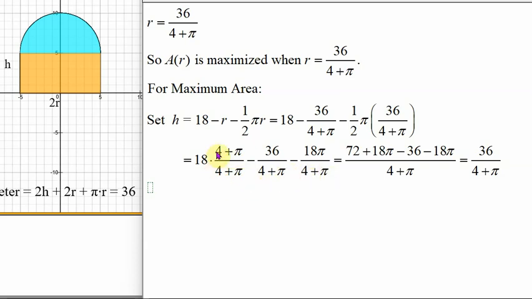Notice that this expression is 1. 18 times 4 is 72, and 18 times pi is 18 pi. Then we get minus 36, and minus 18 pi. So we end up with 36 over 4 plus pi. So to get the maximum area, the radius and the height of the rectangle have to be the same.